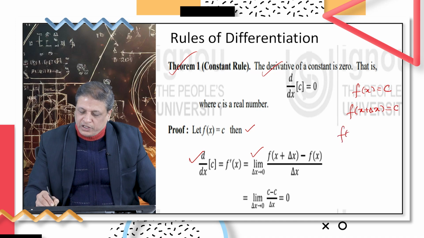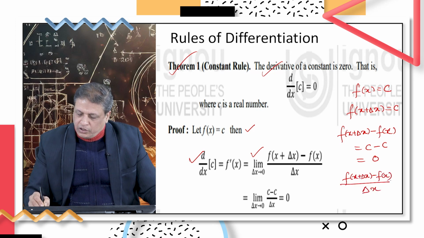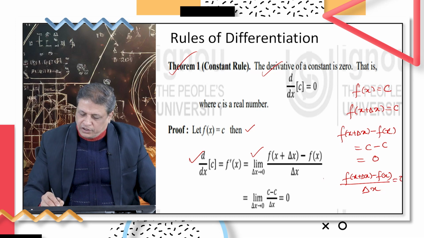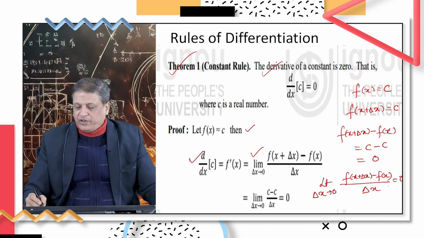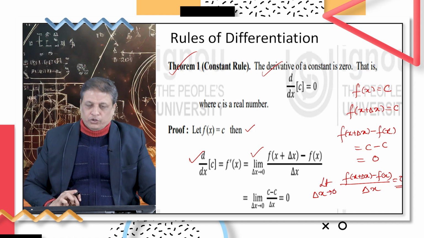So that's why f(x plus delta x) minus f(x) will turn out to be c minus c, that turns out to be 0. So therefore f(x plus delta x) minus f(x) upon delta x will turn out to be 0 only. So that means the limit delta x tends to 0 when function f(x) is constant turns out to be 0. So the differentiation of a constant is 0, you need to remember it.